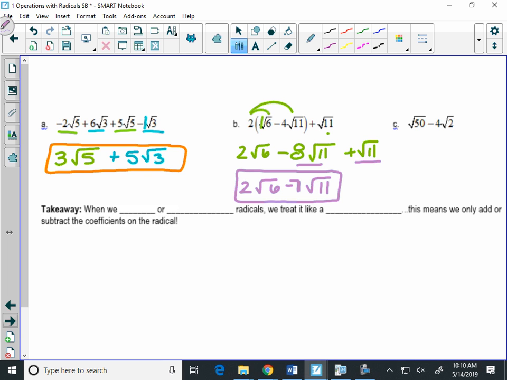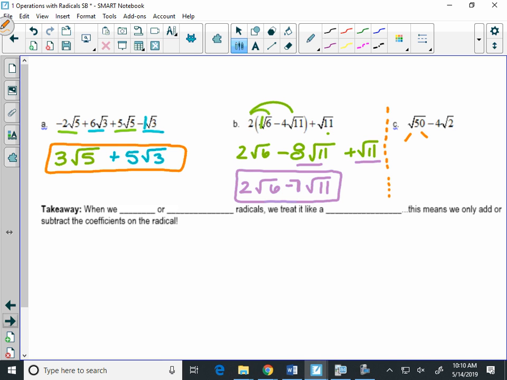Then we take a look at C. Are those like terms? No, so there's nothing we can do with it. So when that happens, you look at it, there's nothing you can do, check and see, can I simplify my radical? Is there a radical in there that we can simplify? Yeah, we can simplify radical 50.